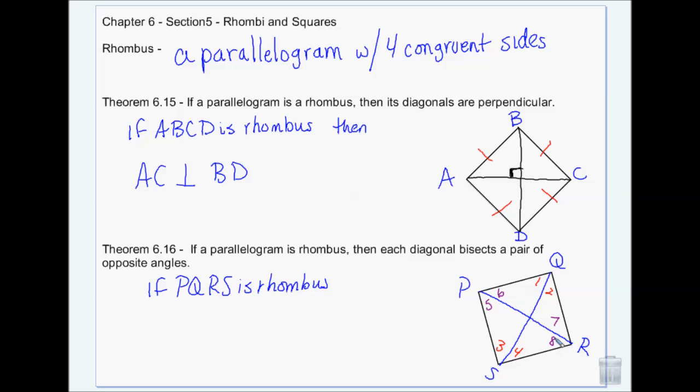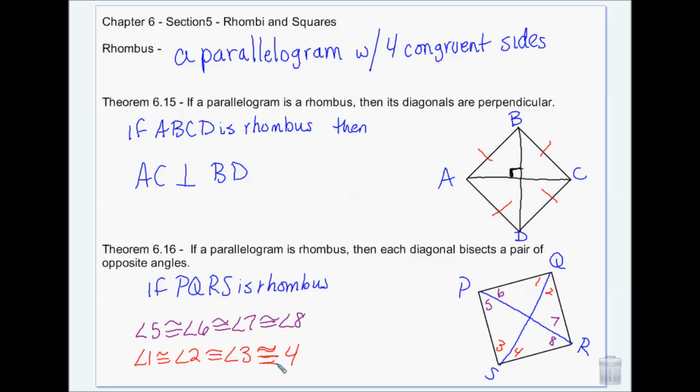Okay, if it's a rhombus, then angle 5 is congruent to angle 6, is congruent to angle 7, is congruent to angle 8. And angle 1 is congruent to angle 2, is congruent to angle 3, is congruent to angle 4. It's a terrible congruent, but you get the idea.